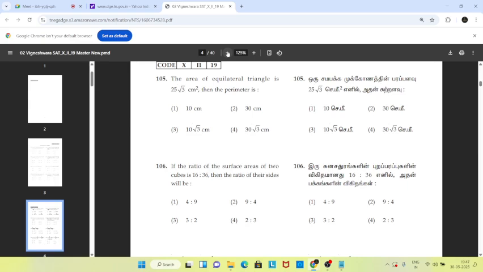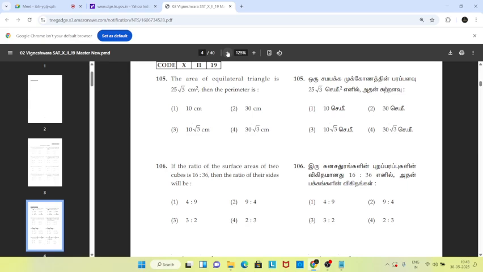You need not even calculate because they are giving surface area and asking for side. Surface area is the square of the side. So 16 is to 36, you take a square root. What will happen? 4 is to 9, and take the root of that.